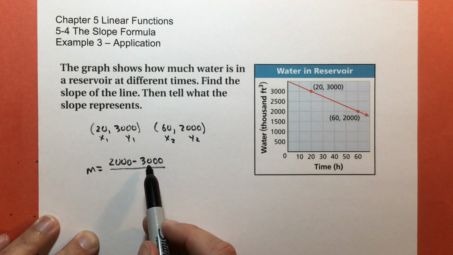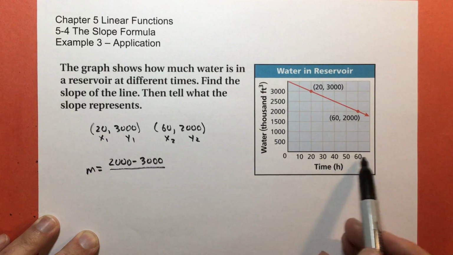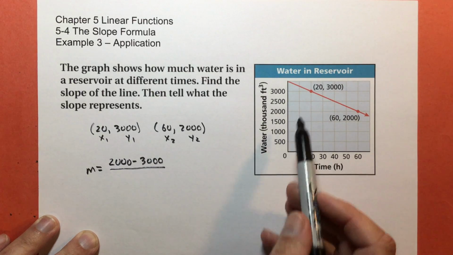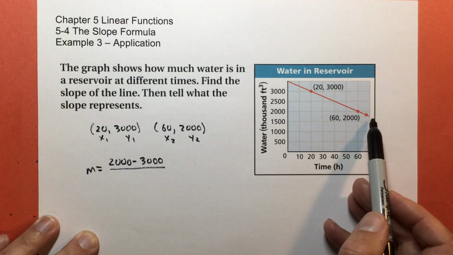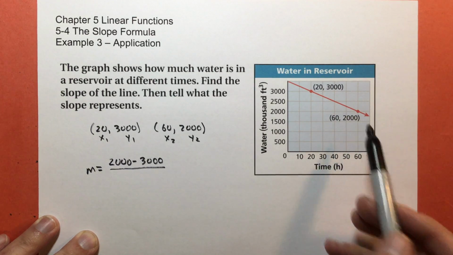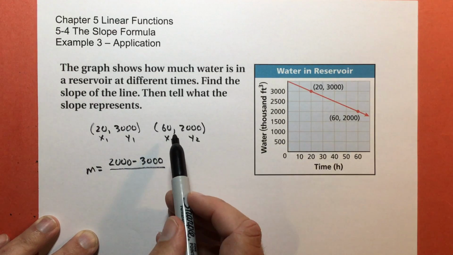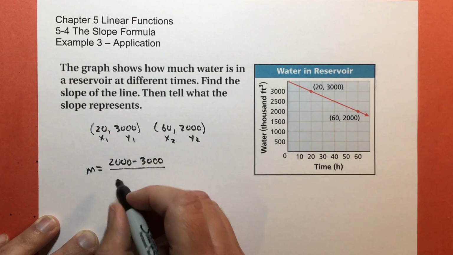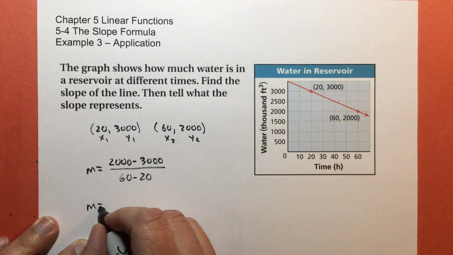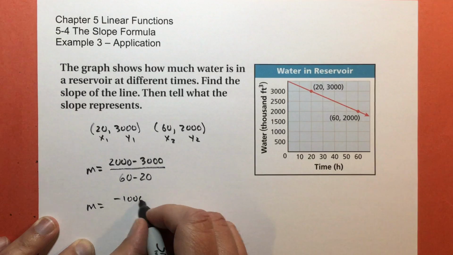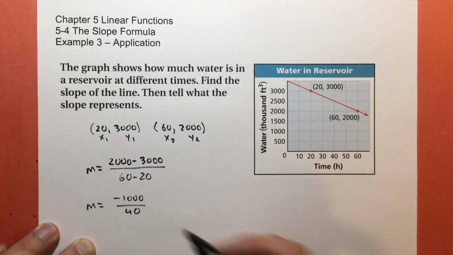Like I said, you don't have negative hours or negative volume, but the direction that the rate is going is negative. That means it's going down. For the difference of my x's, I got 60 subtract 20. Do a little subtraction, I get negative 1,000 divided by 40.